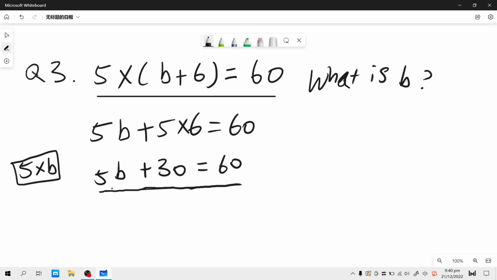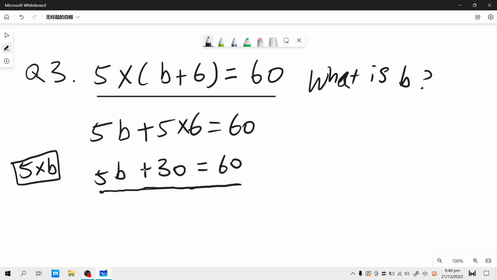For definite equations, you can play around with these three numbers with letters.